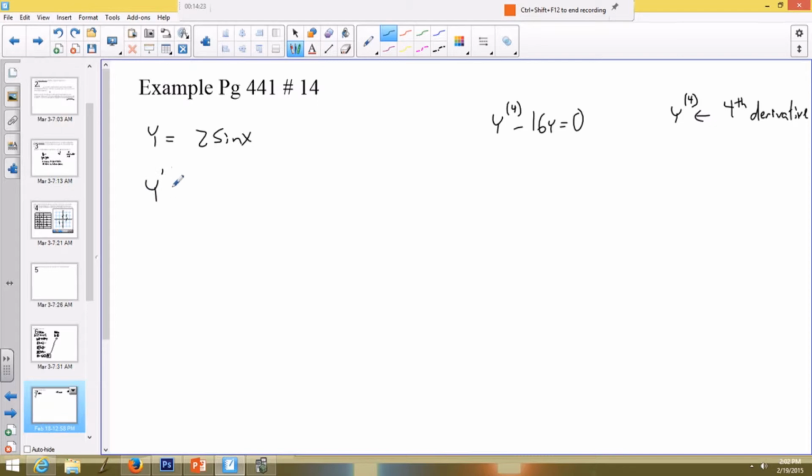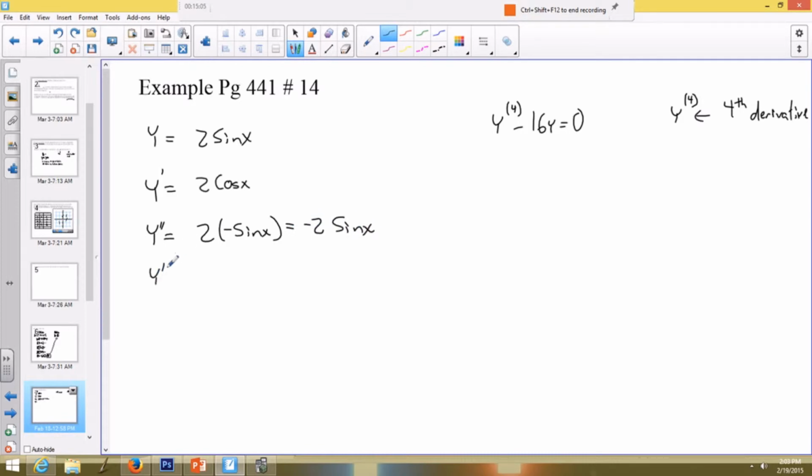So y prime is just going to be the derivative of sine x, which is cosine x. So I got 2 cosine x. And again, there's no chain here, so just do the derivative of it. The second derivative of that is going to be 2 negative sine x, because the derivative of cosine is negative sine x. So that is equal to -2 sine x.